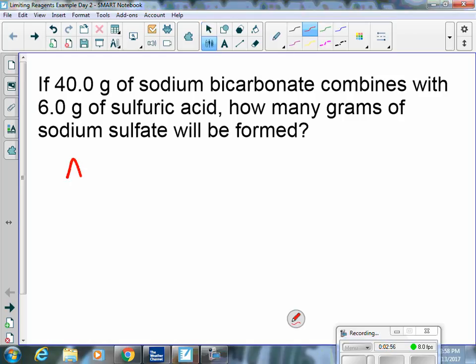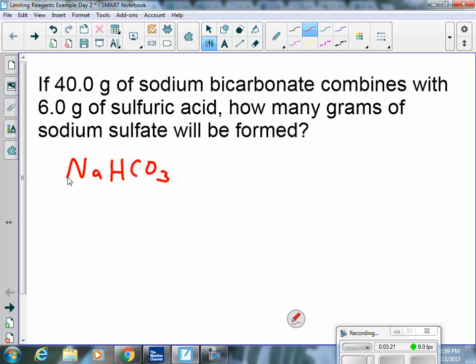Sodium bicarbonate, NaHCO3. We've dealt with this. Anybody know what sodium bicarbonate is? Anybody want to take a guess? We used it the other day in the lab. Gumby got her. What is it? Baking soda.